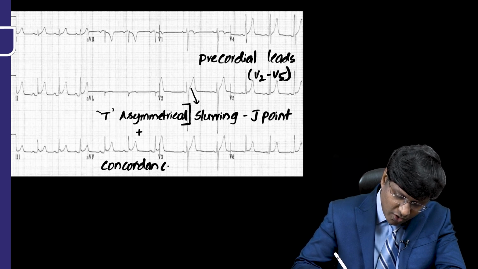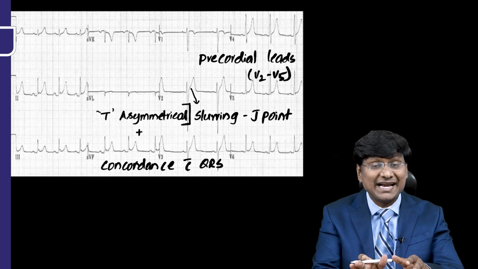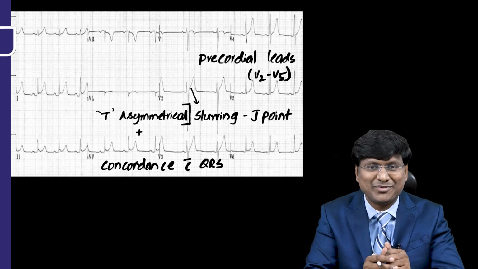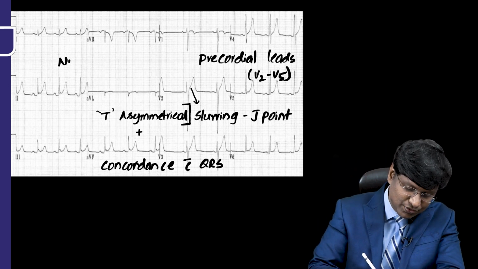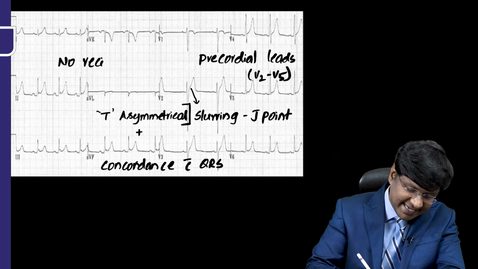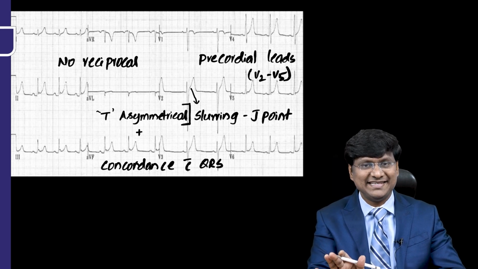That is how you will identify benign early repolarization. And as I have said previously, there are no reciprocal changes and there will be no dynamic changes within the ECG.